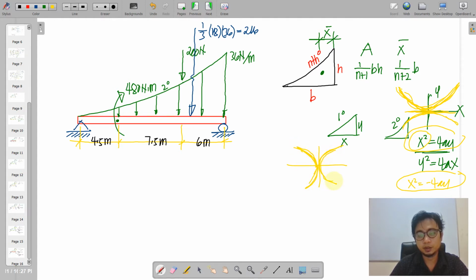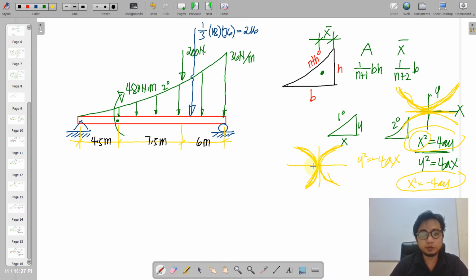So that is your analytic geometry. For this particular equation, y squared is equal to 4ax, that is concaving rightwards. And if we have y squared is equal to negative 4ax, this is actually concaving leftwards. So that is the scenario here.